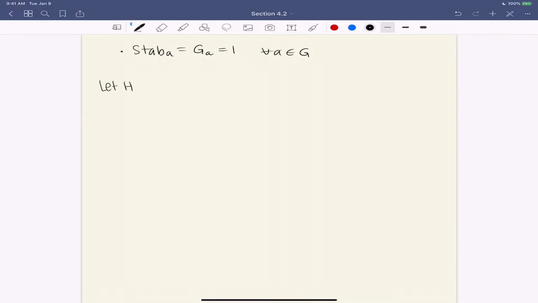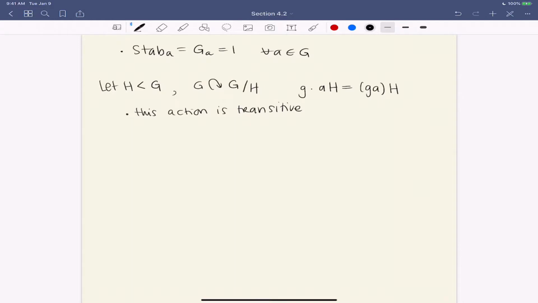I'm going to let H be a subgroup of G, and now I'm going to have G act on the left cosets of H in G. The action will be g acts on the coset of a by giving me the coset of ga, the left coset of ga in H. So again, a kind of left multiplication, but now it's a left multiplication on cosets of H instead.